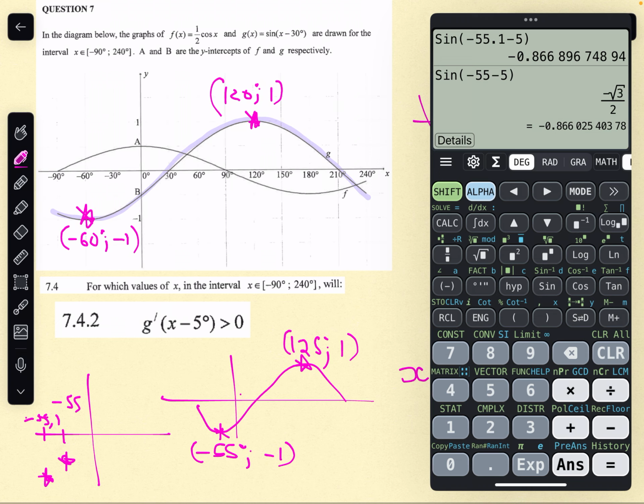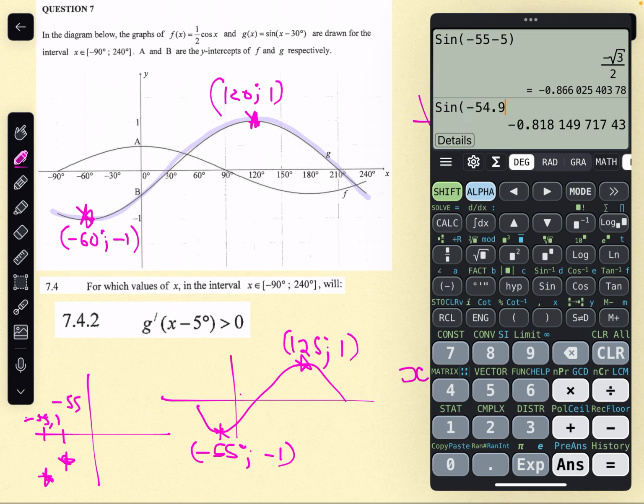Okay, so now what happens if we say sine of minus 54.9, which would be over here, minus 54.9 minus 5.